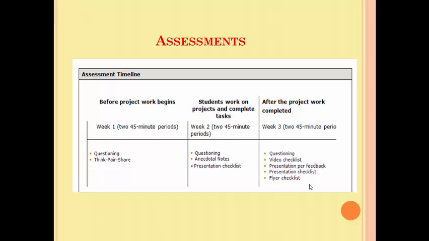I use anecdotal notes to follow the needs of individual students, and students can use the presentation checklist, video checklist, and flyer checklist to self-assess before receiving peer feedback and feedback from the teacher.